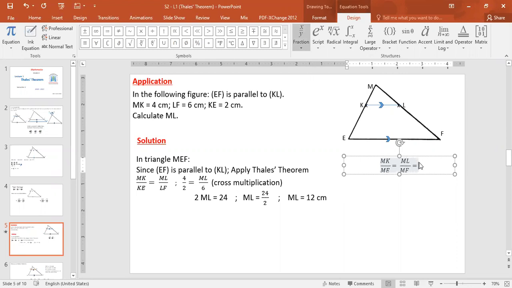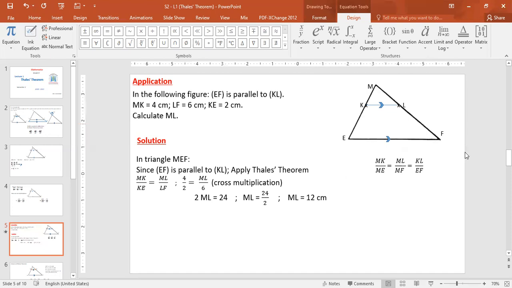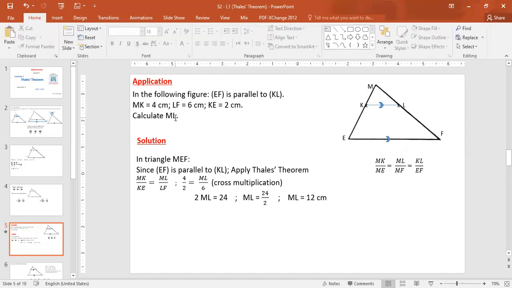Let us look at this ratio that you said, Amir, KL over EF. I want ML. You can see that in one of the ratios we have ML, right? But we don't have the measurements. Let's see if I can use any two ratios to calculate ML. Do we have the measure of MK by given? Yes.